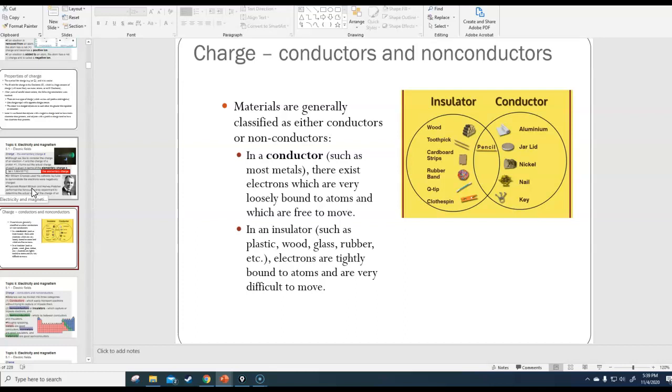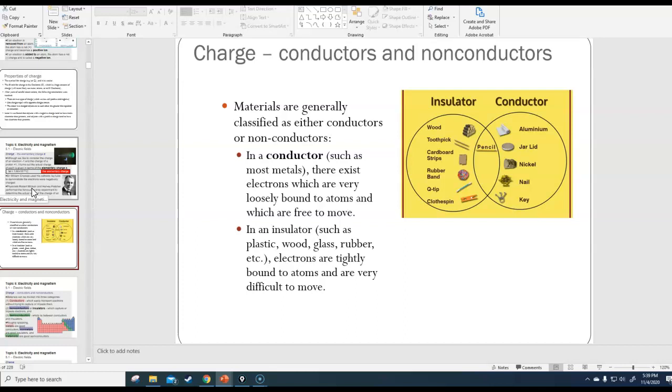What I mean is, if you think of a metal atom, it has electrons, of course, surrounding the nucleus, but a small amount of the electrons on the very outside of the atom are not super tightly bound to that nucleus, which means they can very easily fall off the atom and go do other stuff.